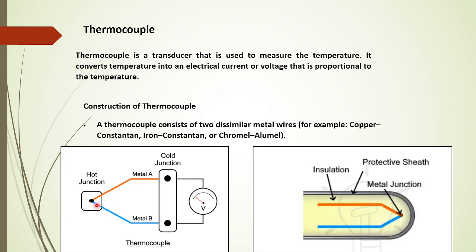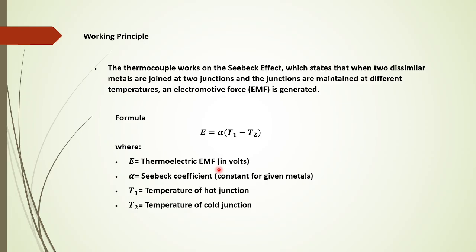So when two dissimilar metals are joined here at two different temperatures, what happens? An EMF is induced in this place, and that is measured through the measuring system. According to the temperature, that EMF will be generated here.